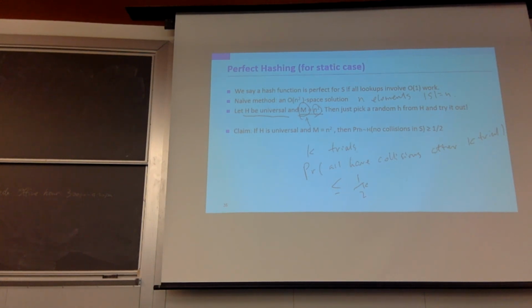And as long as we make a reasonable number of trials, this is going to be diminishingly small. So in practice, after a couple of trials, you're definitely going to end up with some hash function such that there is no collision anywhere. Okay?